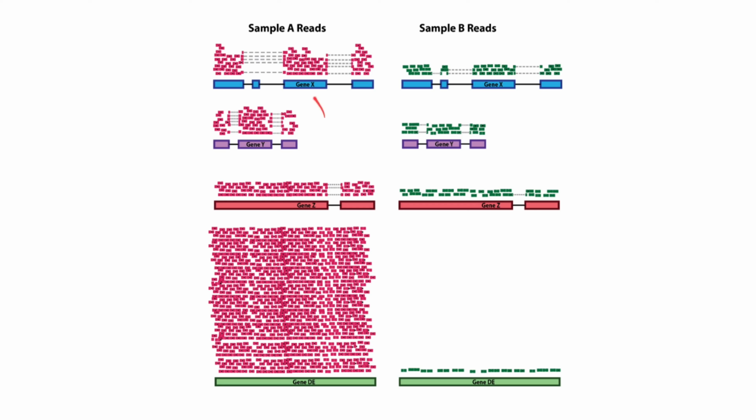For example, although gene X is higher expressed in sample A than in sample B, if we divide like that, then gene X in sample A will have lower expression than gene X in sample B. Because of that we need many methods to normalize the data before we compare between them.